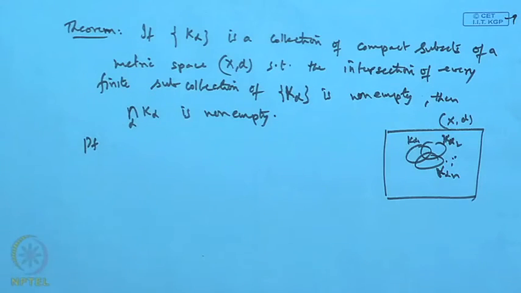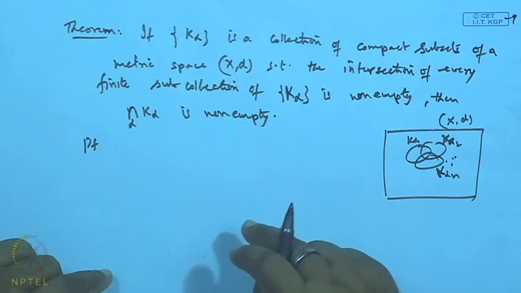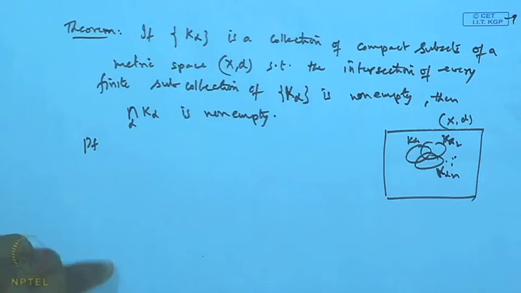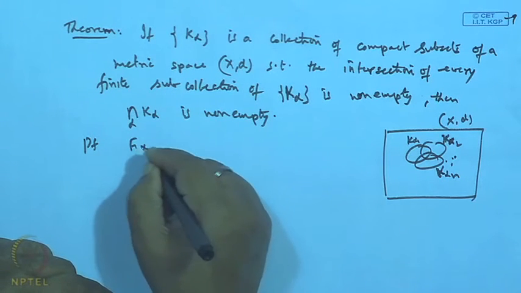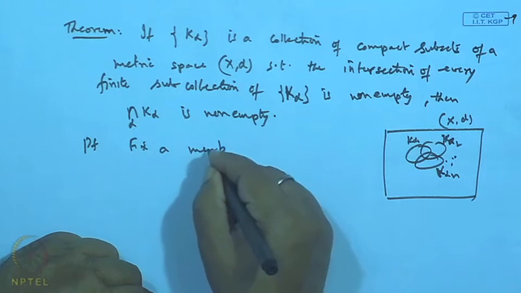It means, when you take the intersection of K 1 with the K alpha, at least some of the points will remain out of it. None of the points of that set belongs to each K alpha. So, fix a member K 1, then we will reach a contradiction.